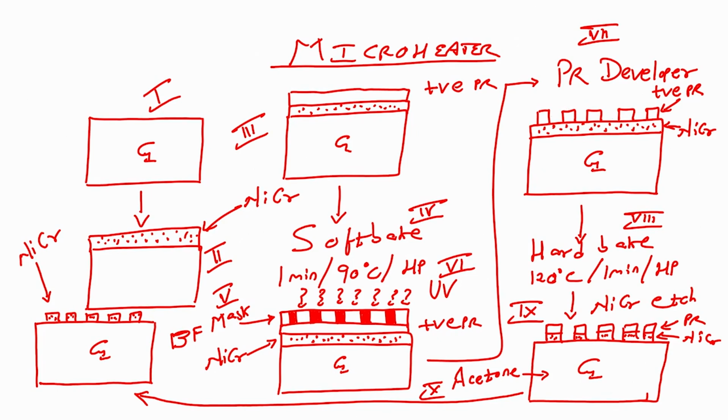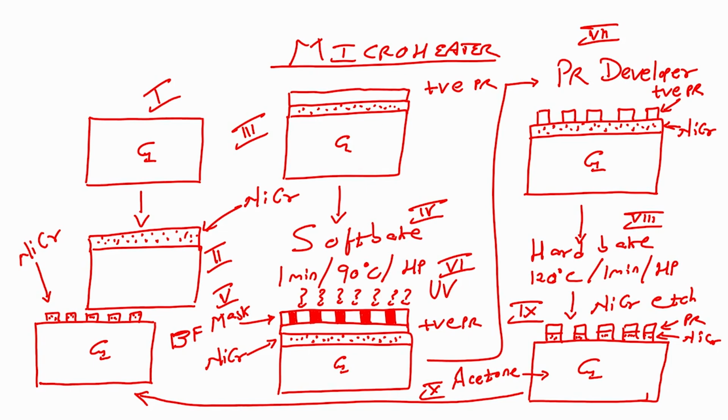Hard bake is done at 120 degree centigrade for 1 minute on hot plate, followed by a nichrome etchant, because we had to etch the metal where we do not require it, we have to pattern this metal, right, and the metal will get etched where it is not protected by the photoresist. After that you dip this wafer in acetone.